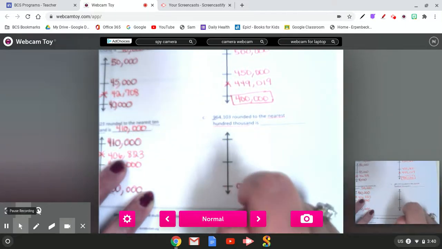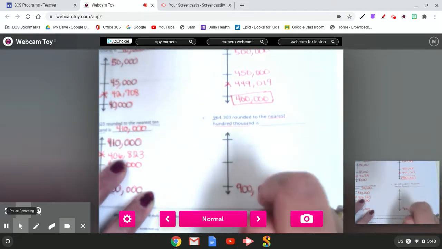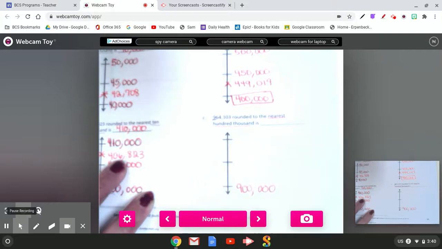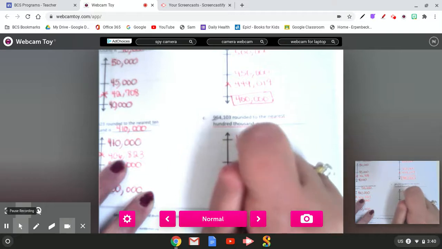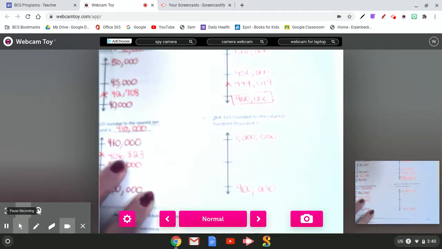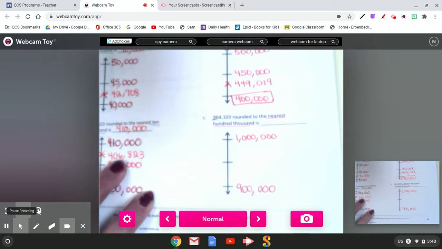After 900,000, we would have 10 hundred thousands. Now we don't say that, we say 1,000,000. So if you have 10 hundred thousands, you actually have 1,000,000. Remember back in our bundling days, we would have 10, move it over, and it would create 1,000,000 on our place value chart.